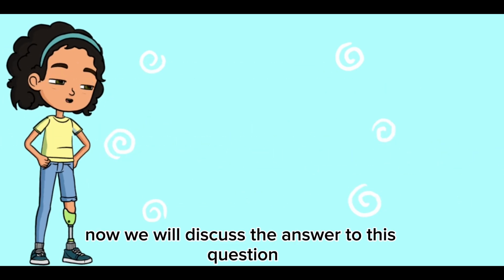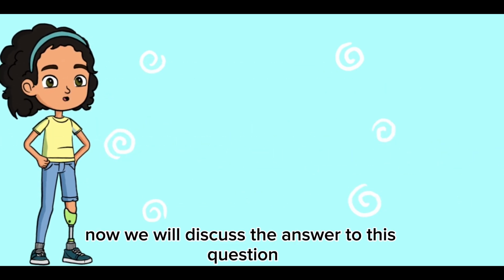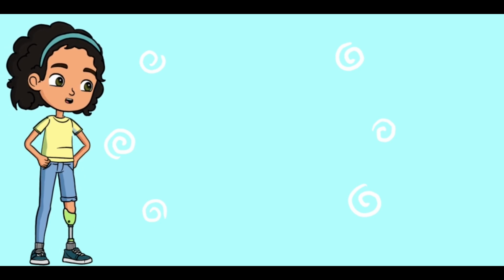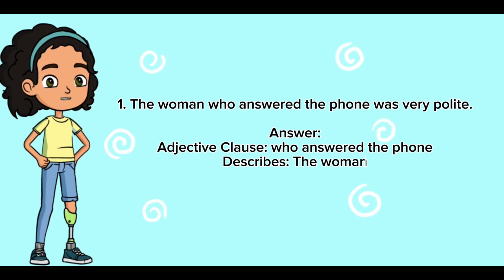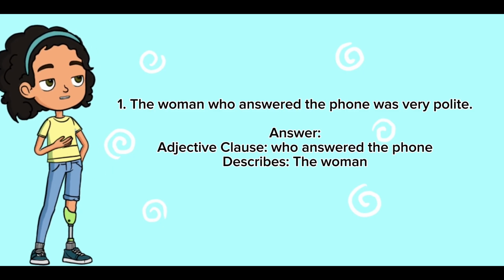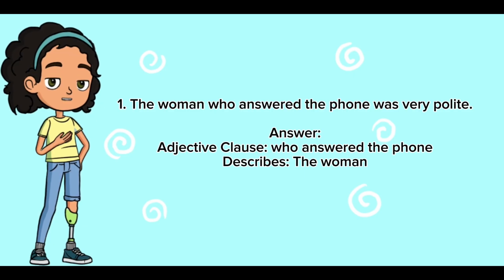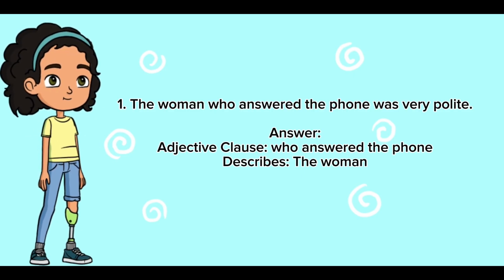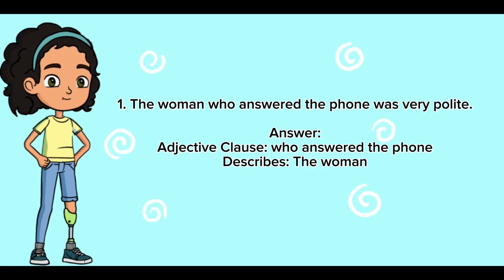Okay guys, now we will discuss the answers to these questions. The first question is: The woman who answered the phone was very polite. The answer for the adjective clause is who answered the phone. Meanwhile, what it describes is the woman.